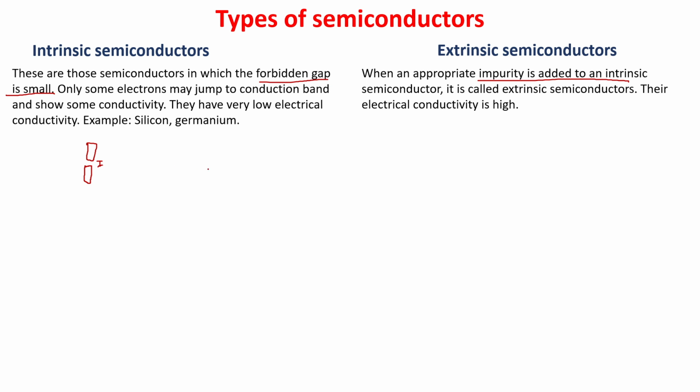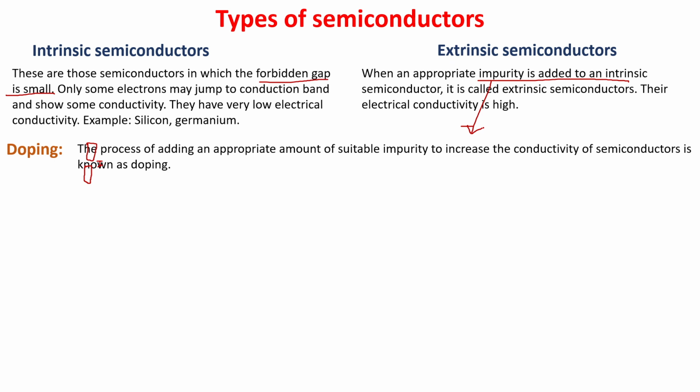The gap is small, but here the impurity is added, because of which the conductivity will increase. So how is this impurity added? The process of adding an appropriate amount of suitable impurity, due to which we observe an increase in the conductivity of the semiconductor, is called doping.